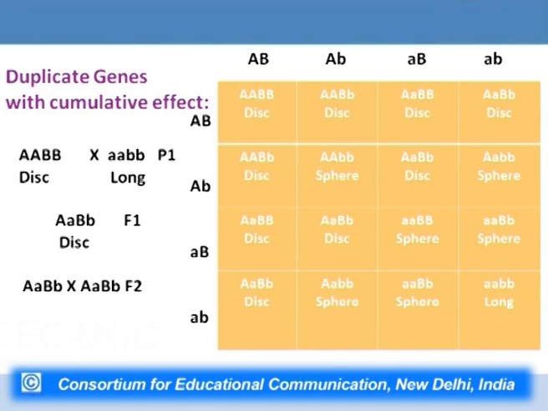When these individuals are crossbred, they lead to individuals who are capital A, small a and capital B, small b, producing disc shaped individuals. When these F1 individuals are crossbred, they lead to specific phenotypes, and one more phenotype appears, which is the spherical phenotype. So, in the F2 generation we get either disc shaped, sphere shaped or long individuals.